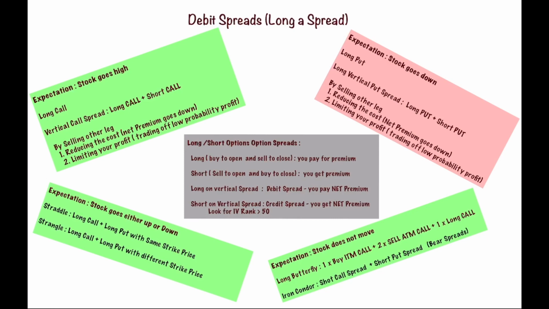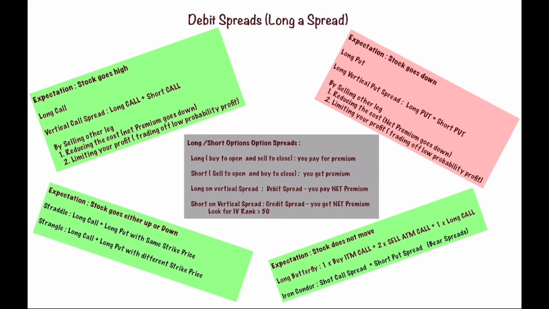and shorting or selling some portion of its value. So you're buying a call and you're selling some of it to reduce the cost, so the net premium will be lower than buying one call. And of course, it eventually limits your profit, but you're trading off that.